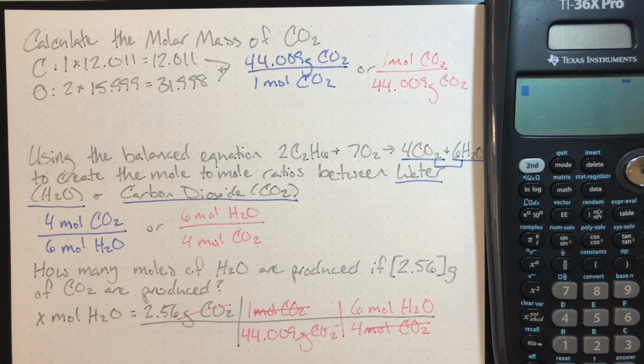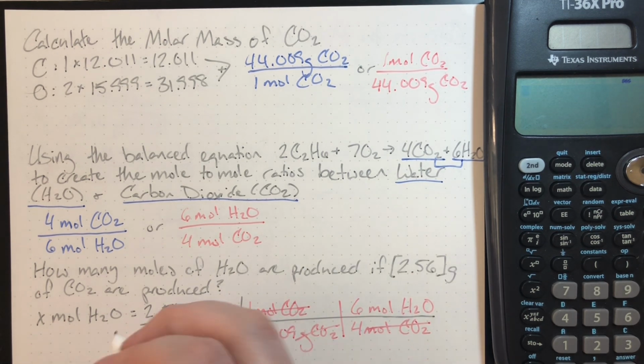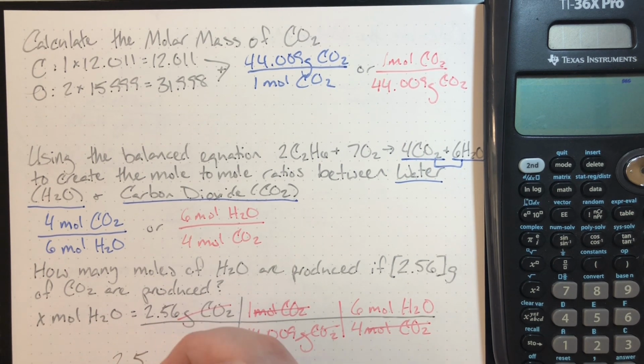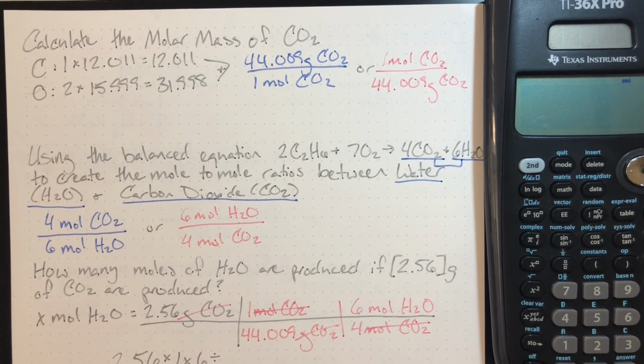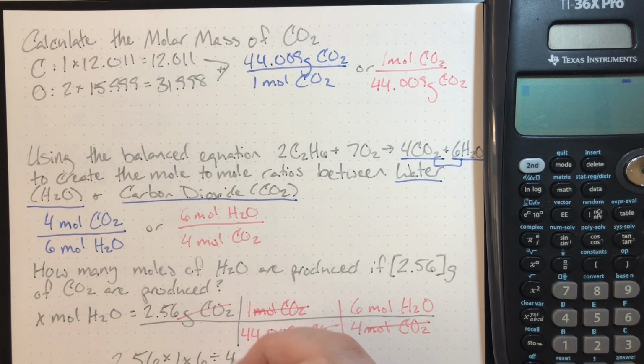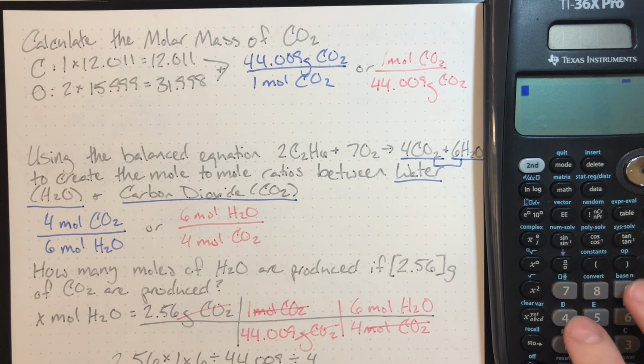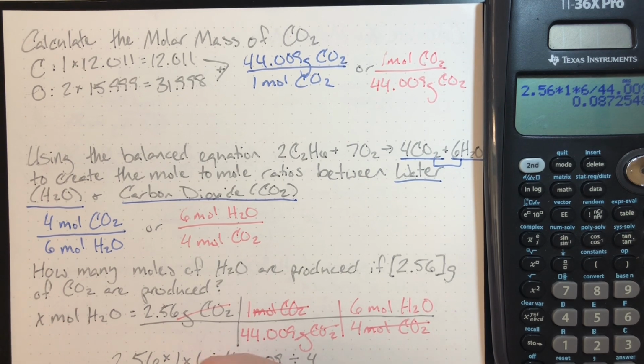This is the unit that I said that I wanted, so that means that I can go ahead and plug in my problem. So I will be multiplying everything that appears in the numerator, so 2.56 times 1 times 6, and I will be dividing by everything in the denominator, so 44.009 and 4. The number that I got out of the calculator was 0.087254888.